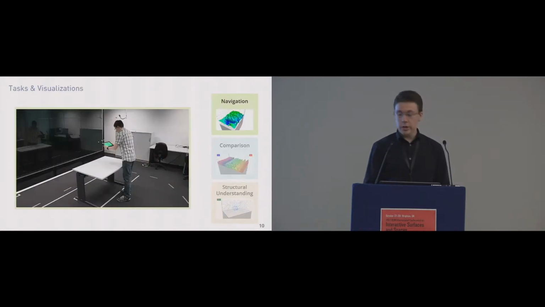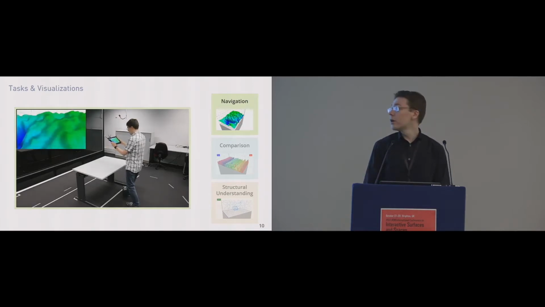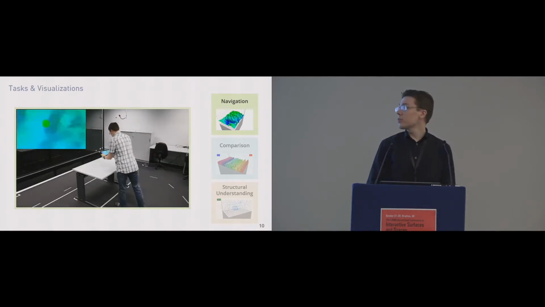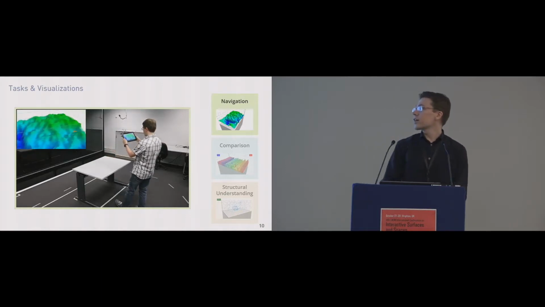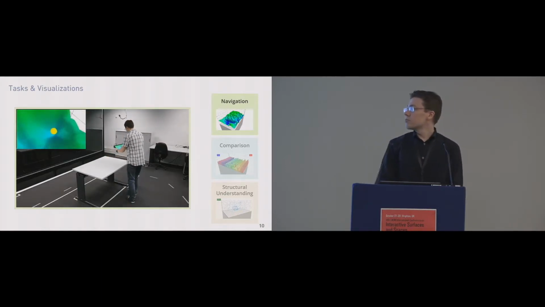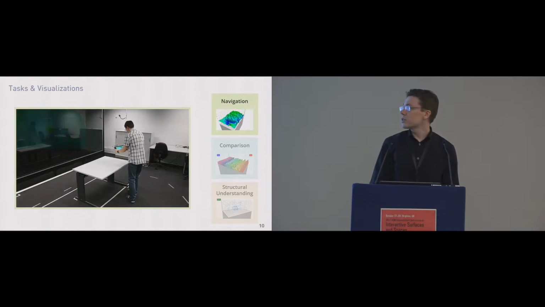Now, we investigated three different visualizations in three tasks. And the first is a navigation task. We have a 3D height map, and the task was to locate and select several markers, several targets in this visualization. So this was really heavy on navigation, and we tried to focus on that first.